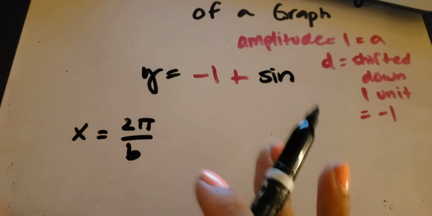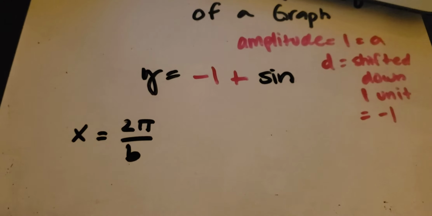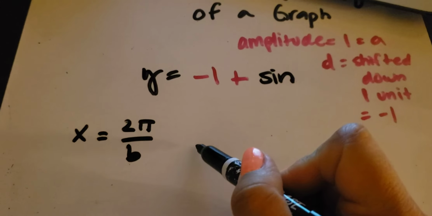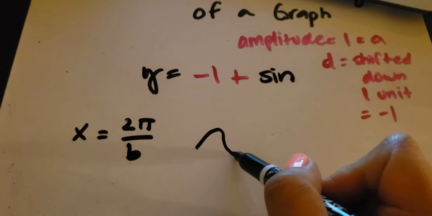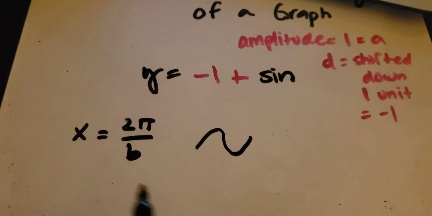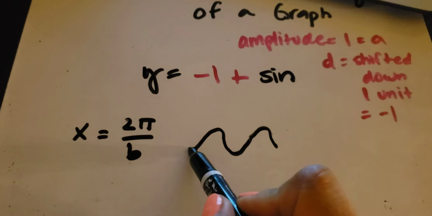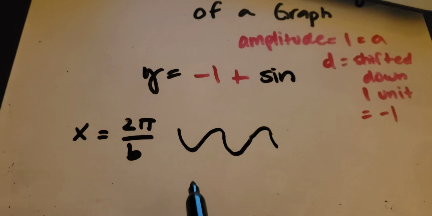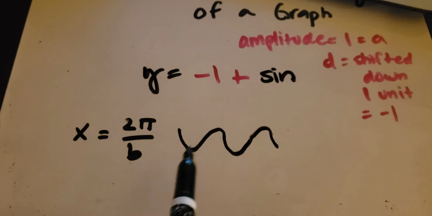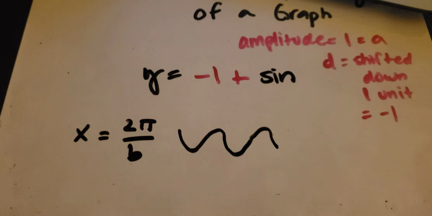If you're not sure what a cycle looks like, just remember the parent function. The parent function should basically just be a max and then the min. But if you notice our picture, they gave us more than that. They gave us this much, which is 2 cycles. So because they gave us 2 cycles, technically this is 2 cycles.